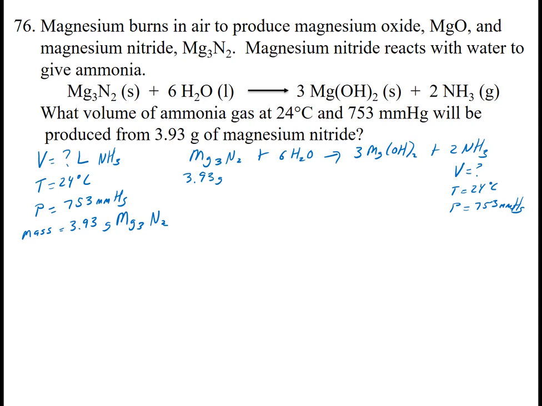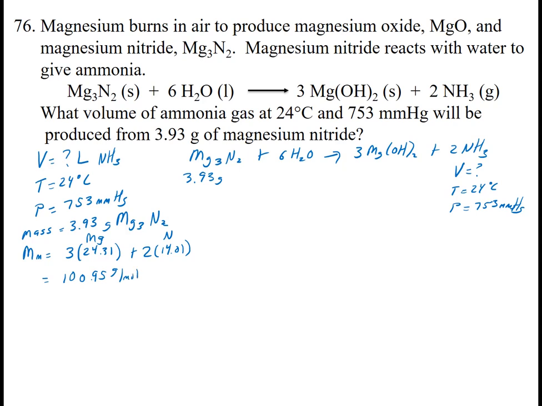As we did in chapter 3, in order to find the moles of the magnesium nitride, I need the molar mass. The molar mass is 3 times 24.31, that's magnesium, plus 2 times 14.01, that's my nitrogen, and that adds up to 100.95 grams per mole.